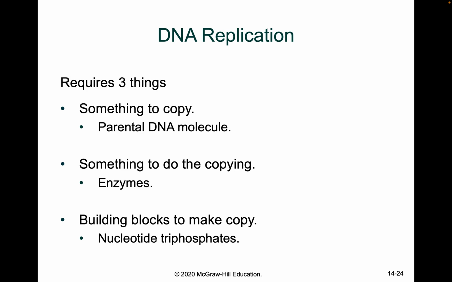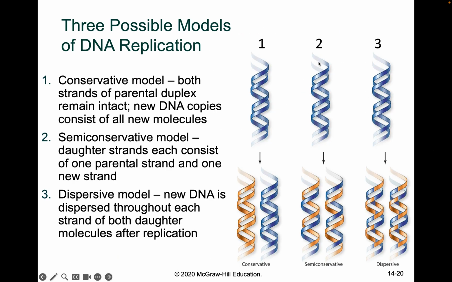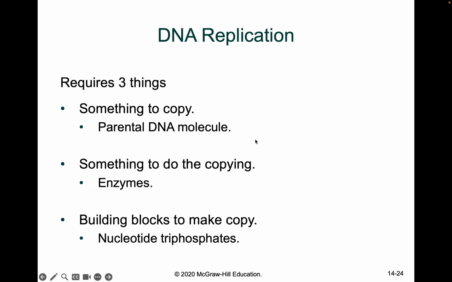With DNA replication, there are three things that you require. You require something to copy, the parental DNA. You need this to copy because you need to separate the strands and then copy from them. Then you need something to do the copying: a protein that does the work, an enzyme, which is the DNA polymerase, which we will talk about in more detail.